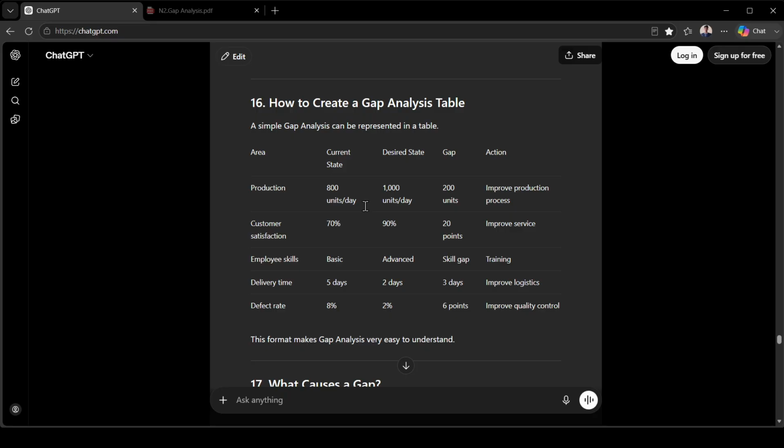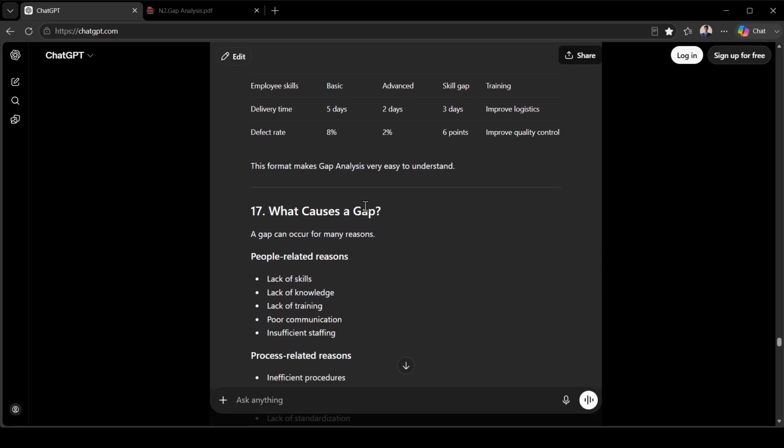Customer satisfaction: 70%, 90%, 20% gap, improve service. Employee skill: basic, advanced, skill gap, training. Delivery time: 5 days, desired 2 days, gap 3 days, improve logistics. Defect rate: 8%, desired state 2%, gap 6%, improve quality control. This format makes the gap analysis very easy to understand.